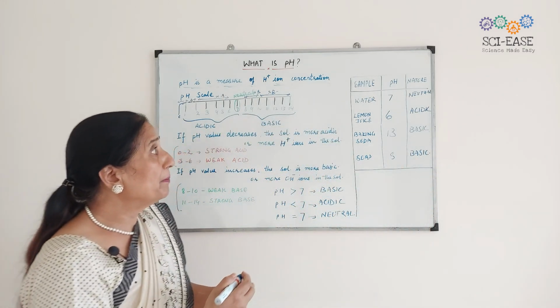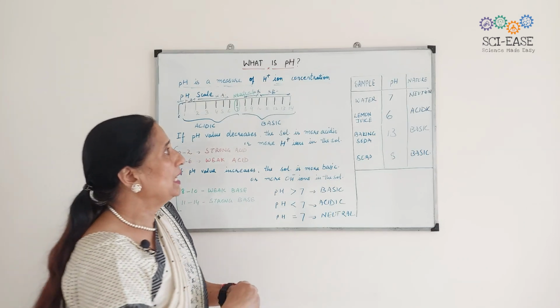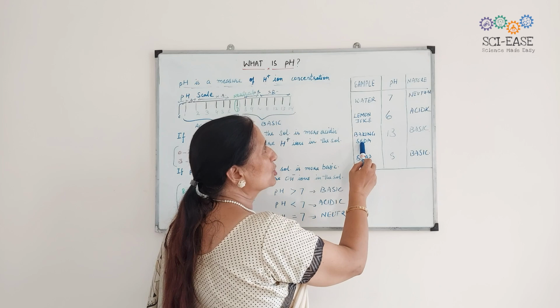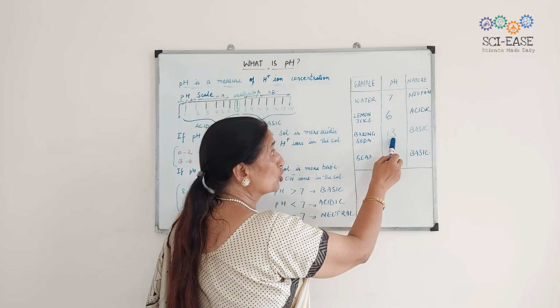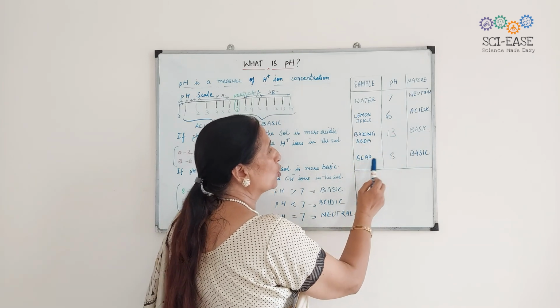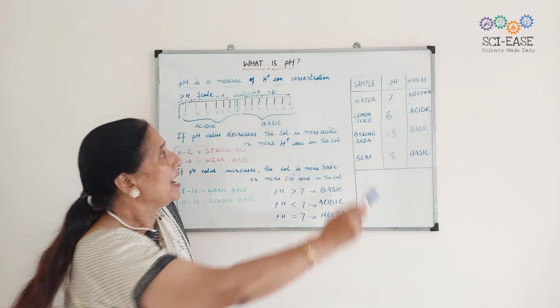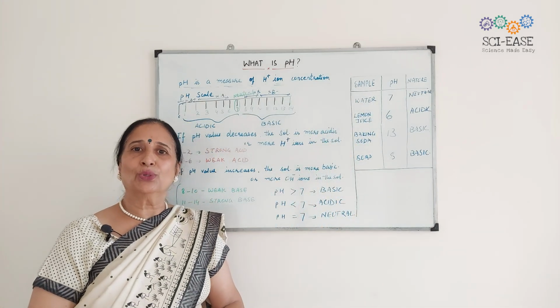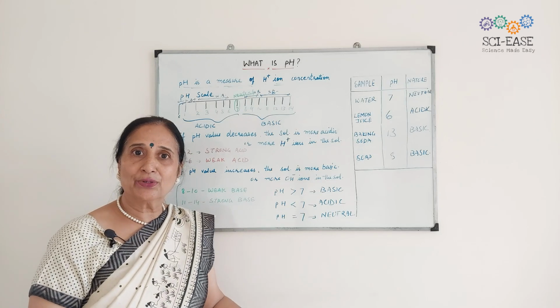And from the numbers, you can tell that lemon juice is a weak acid, baking soda is a strong base, soap is a weak base, and water is neutral. You can take vinegar also, it's in your home.